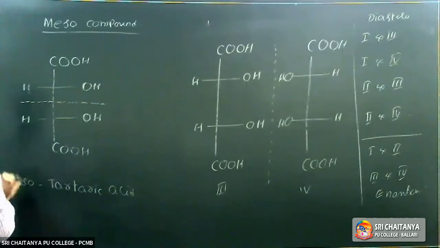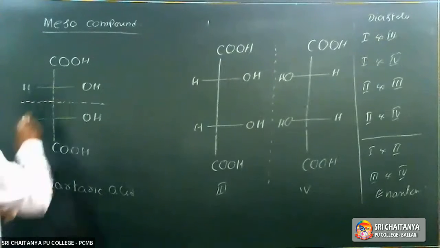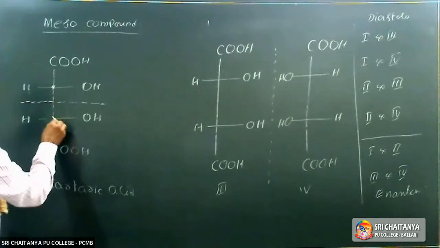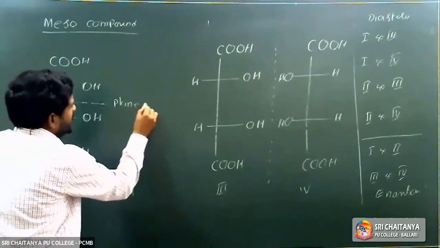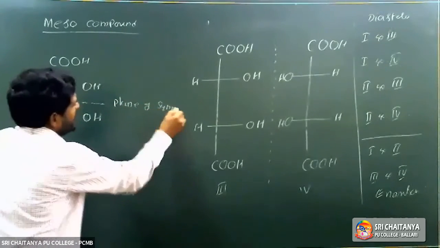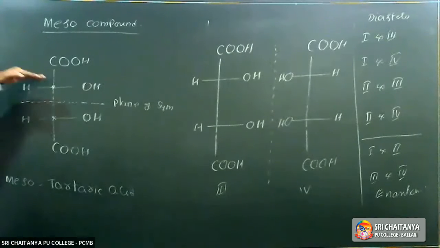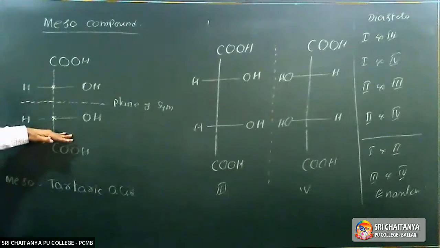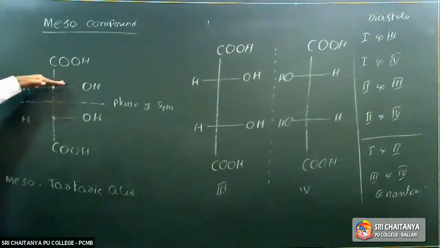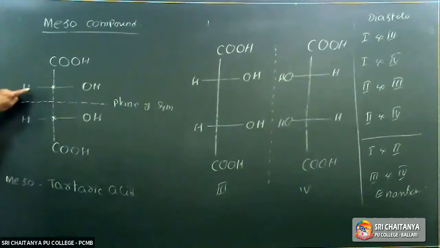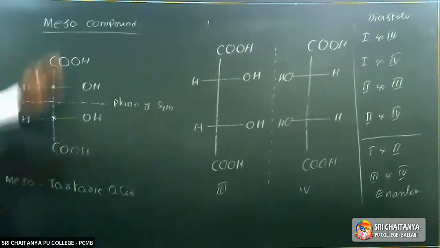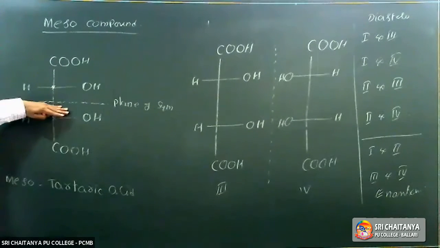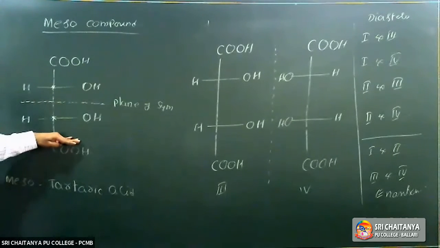Suppose the first part rotates plane polarized light. It is a symmetric carbon. It is called planar symmetry. The first half is OH, OH, H, COOH. So the first half part is a mirror image of the second half part.